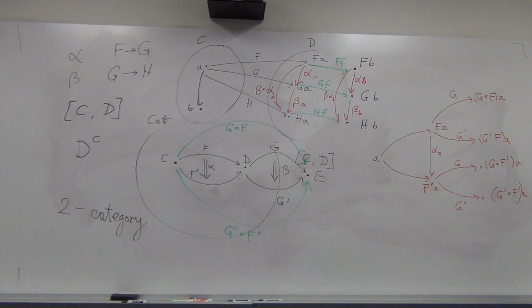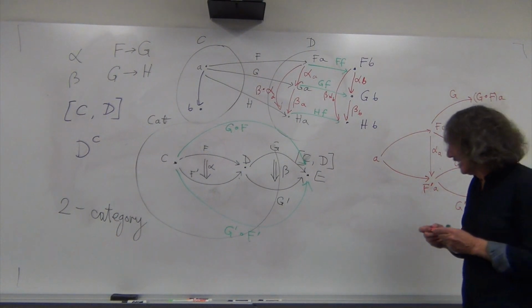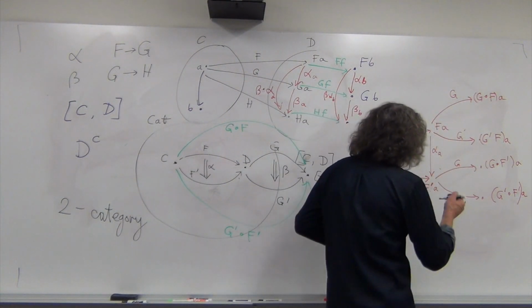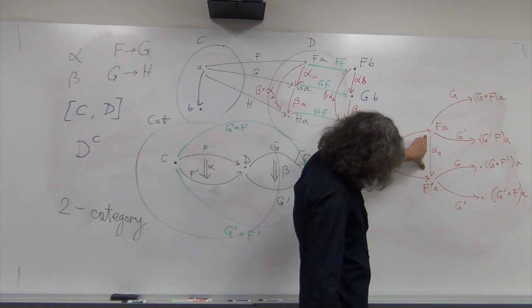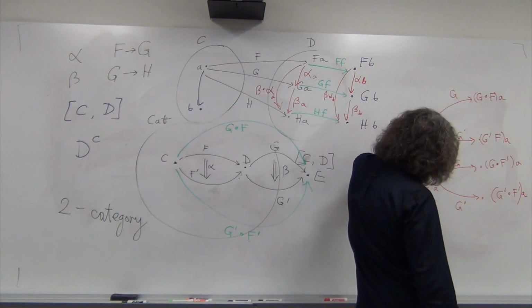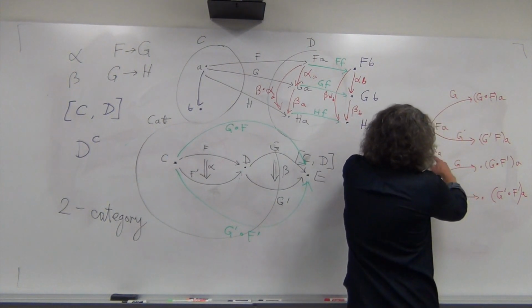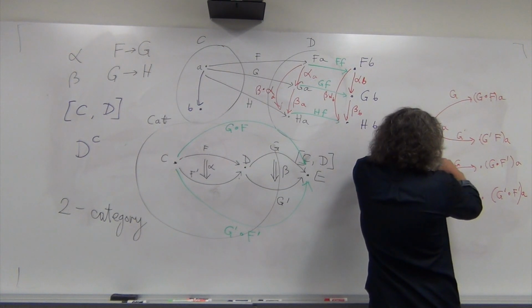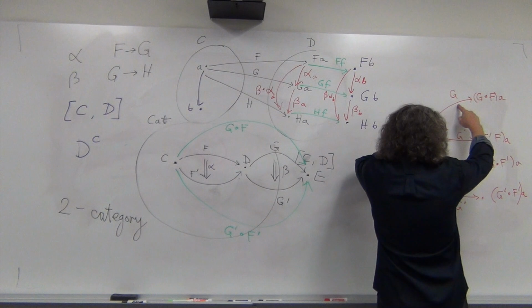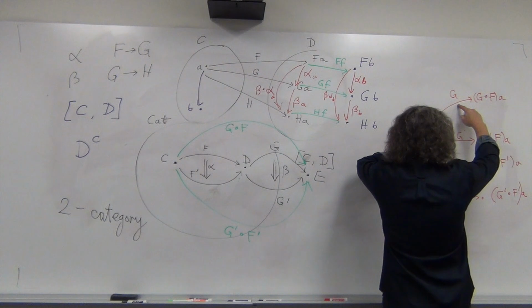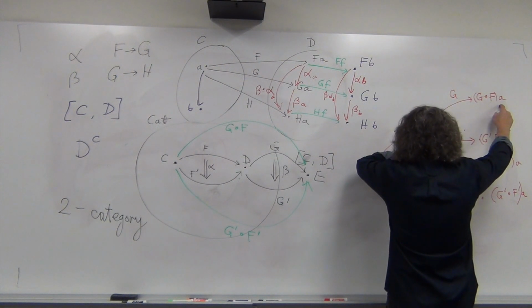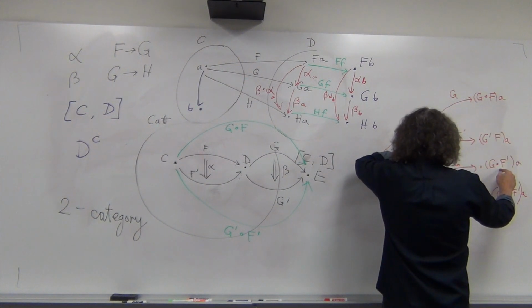Now, moreover, this is not the end, right? Alpha A is a morphism here. So this morphism can be transported or lifted by G. Okay, so if I lift it by G, it should go between GFA and GF prime, right?